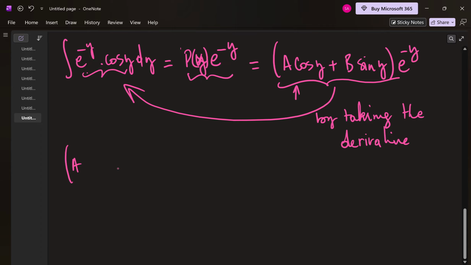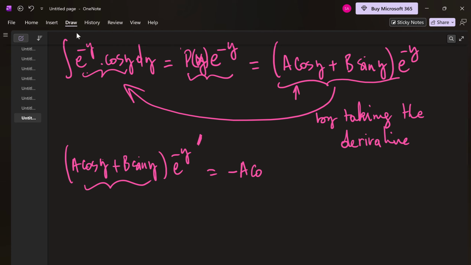We have (a cosine y plus b sine y) exponential minus y, prime. So this is equal to the derivative of this, which is minus a sine y. What is the derivative of cos? It is minus sine y.